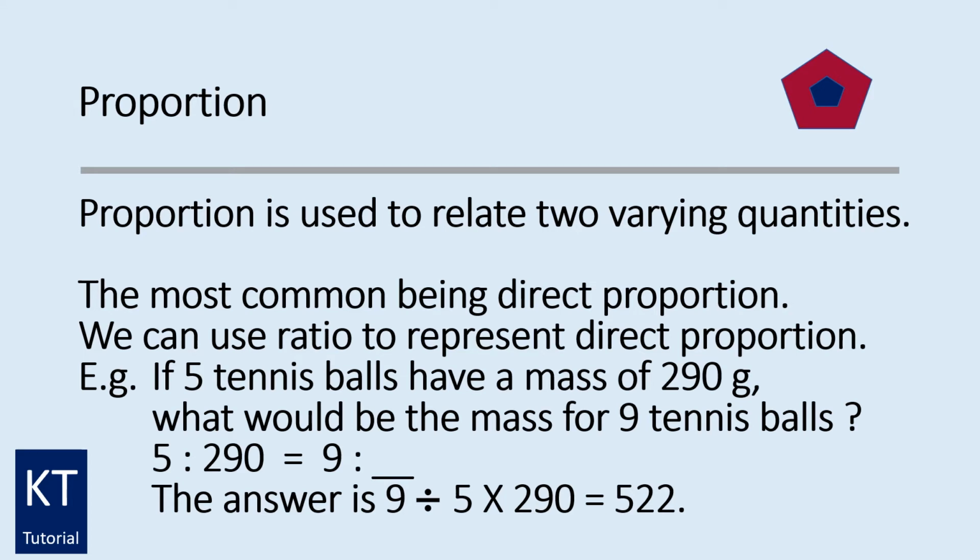The first representation can be put as a ratio 5 to 290, and this would equate to 9 to what we choose to find. By doing the math, we should arrive at the answer 522.